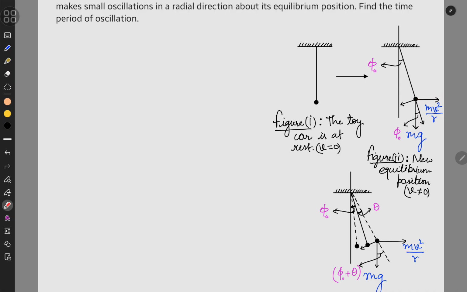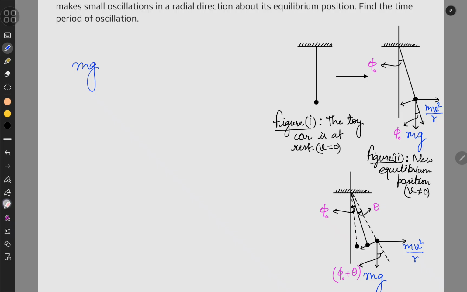So the condition of new equilibrium will be this: we equate the torques, because the net torque will be 0 in the equilibrium position. So mg is the force that is acting.